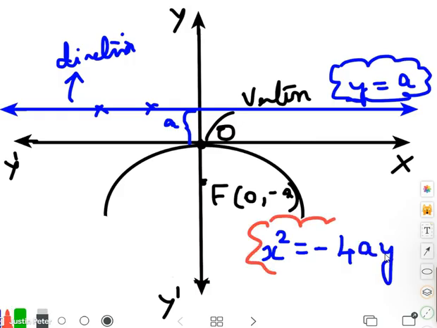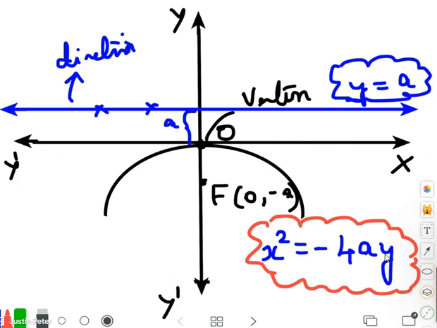So the equation of this parabola is going to be x square is equal to what? Negative 4ay. Alright, the focus is 0, negative a. So we have seen.